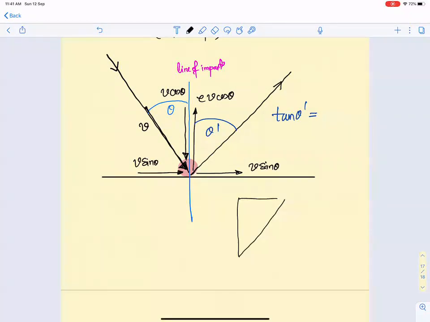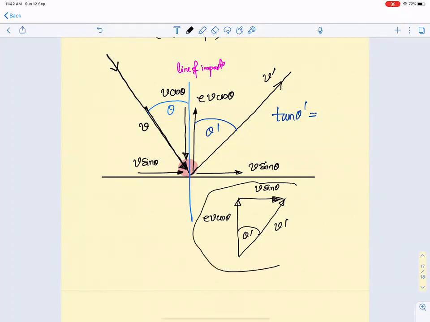Say the final velocity is v dash. So v dash is the vector sum of this ev cos theta and, applying the triangle law, v sine theta, and that's theta dash.